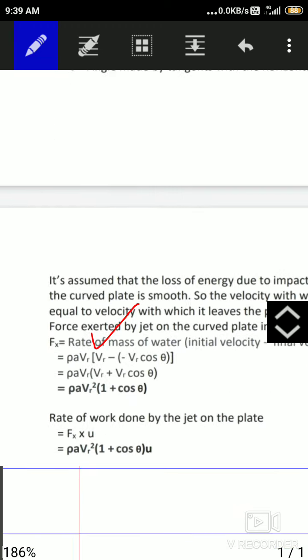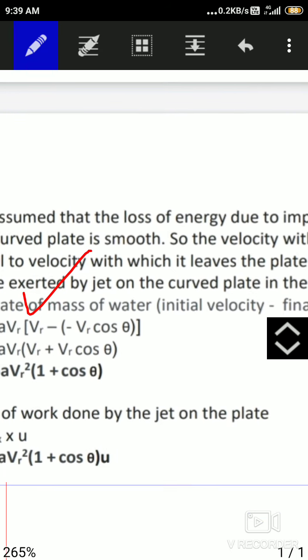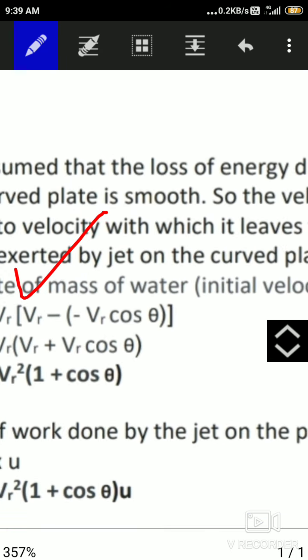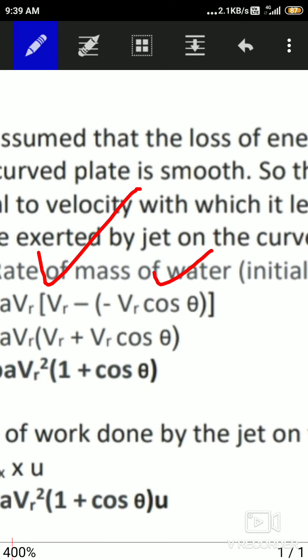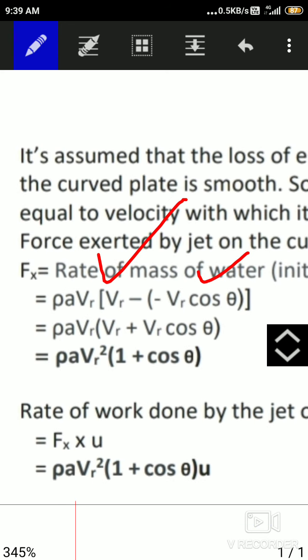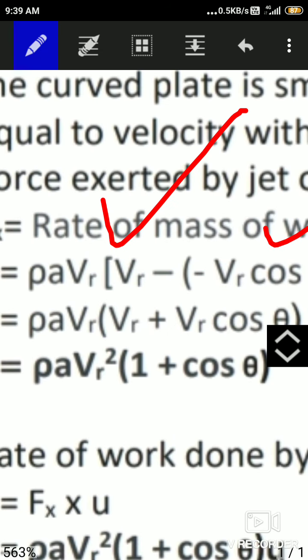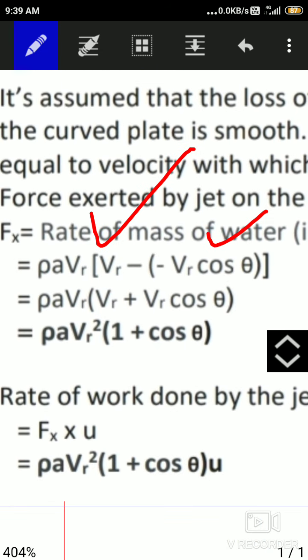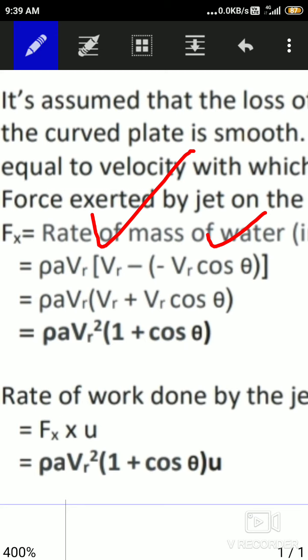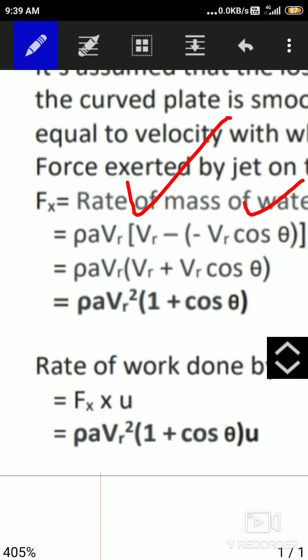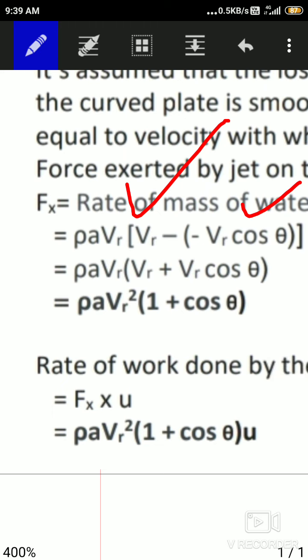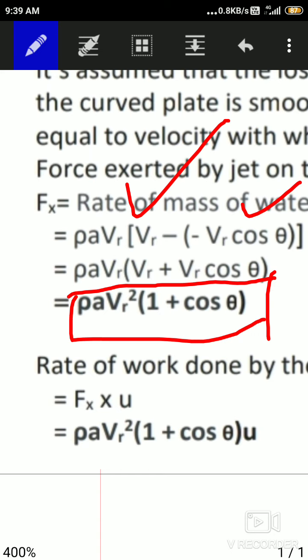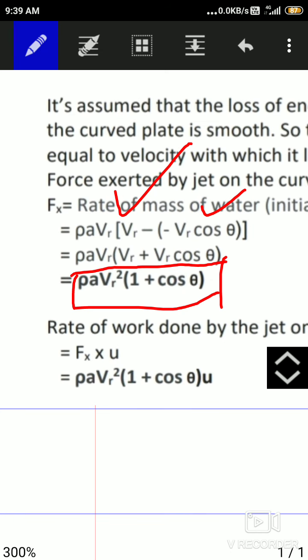So in place of final velocity we can write minus vr cos theta. Finally it will be rho a vr into (vr plus vr cos theta). Then if we take vr as common, the final expression will be rho a vr square into (1 plus cos theta). So this is our Fx.